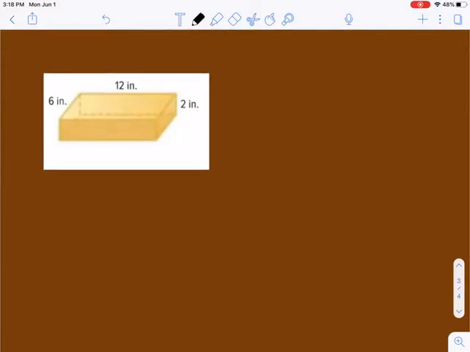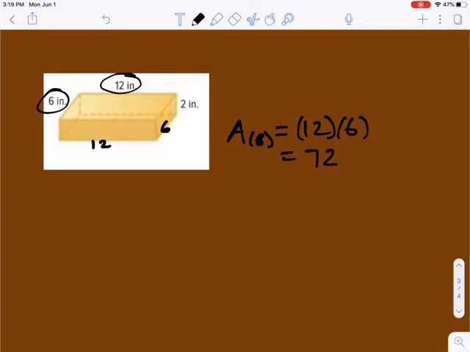All right, so for this, the area of our base, if you look at this, 12 is over here, and then 6 is how it goes here, and 12's from there. So the area of your base would be 12 times 6, which is 72. And then you would multiply that by your height. So the whole volume would wind up being your 12 times your 6 times 2.